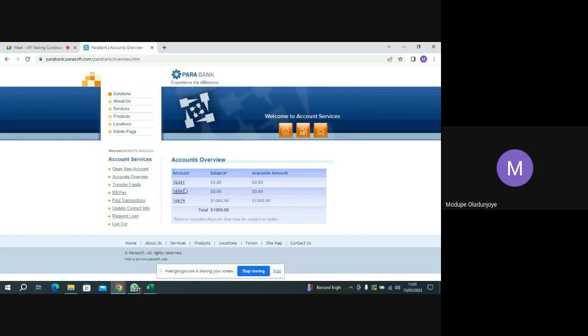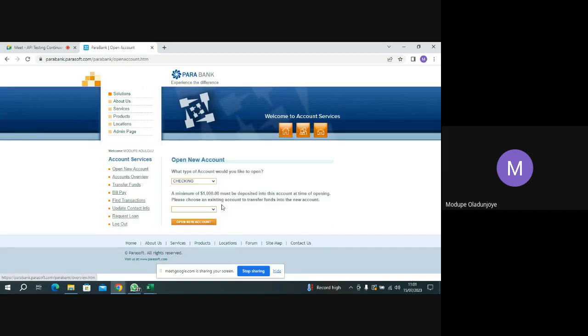These are the accounts now. 41, 63 something. The minimum must be deposited into this account at the time of opening. Okay, no problem. So they're just telling us that after you open the account, transfer money into it.